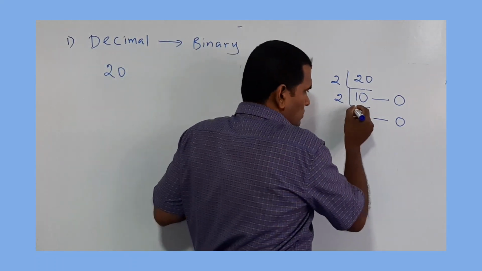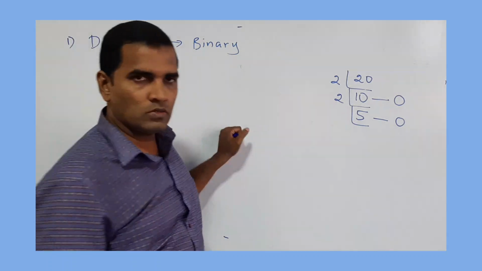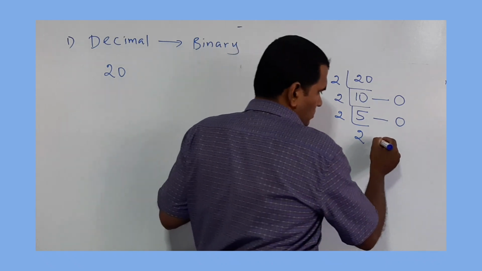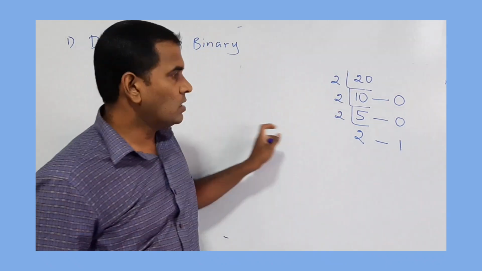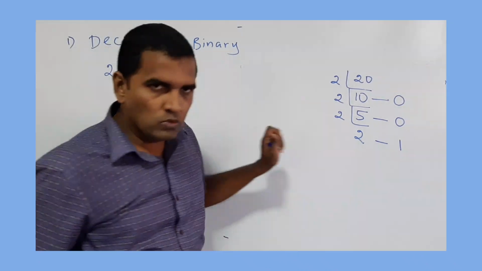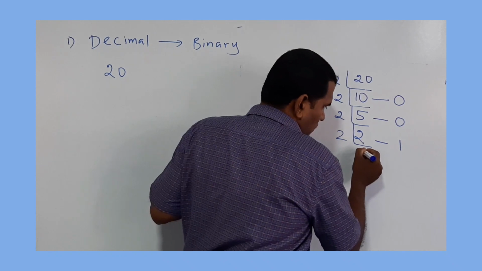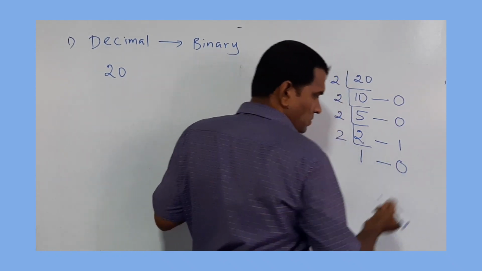So 5 can be divided again by 2. 2 times, and here the remainder is 1. You have 2, divide it again, so it's 1. Here you don't have any remainder, put that as 0.